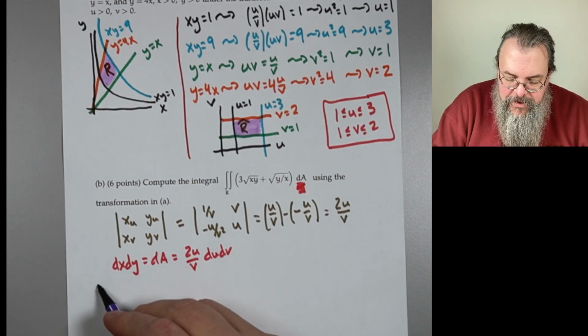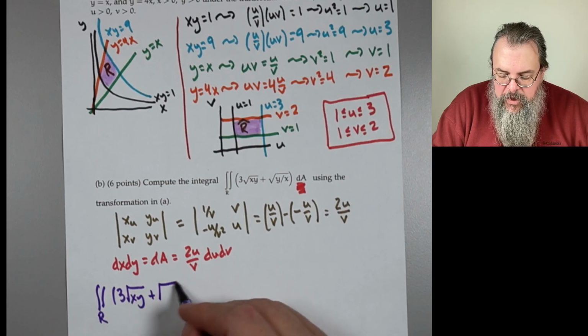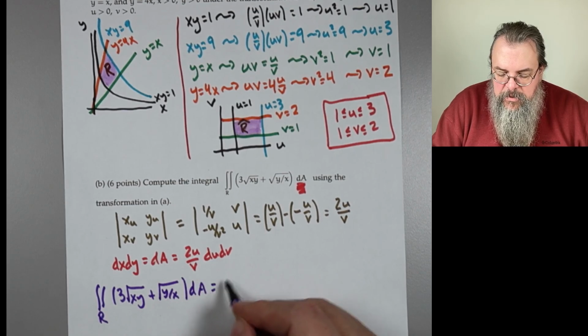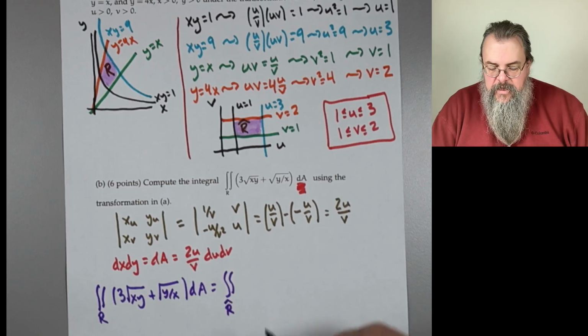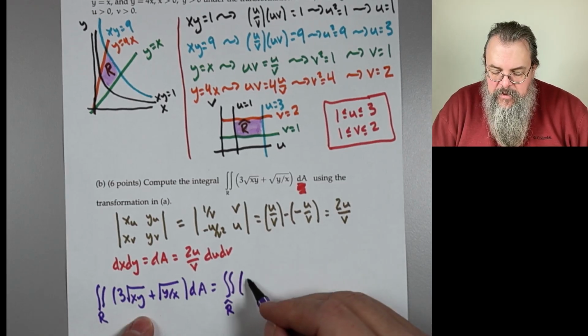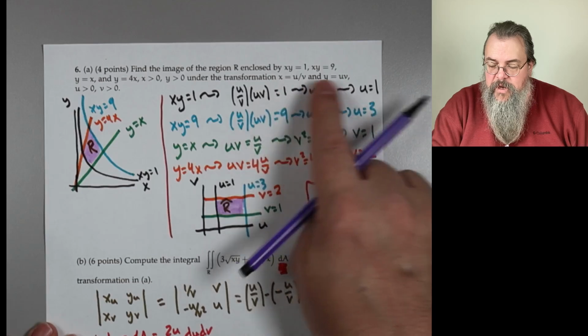We have our integral over our region of 3 square root xy plus square root y over x dA is equal to our integral over our new region, which I threw a hat on, of, now we have to update our function. Okay, so xy. The good news is we just multiply these together.